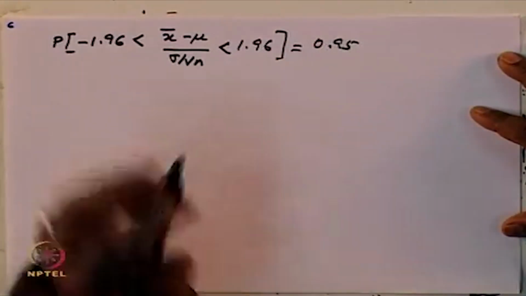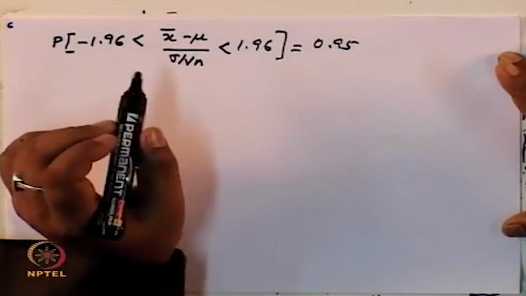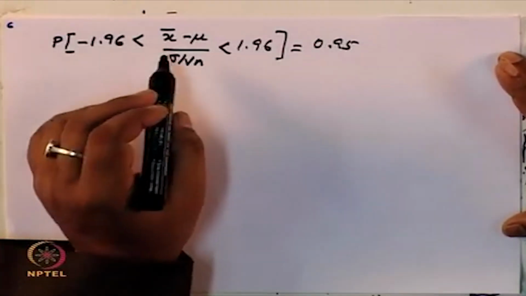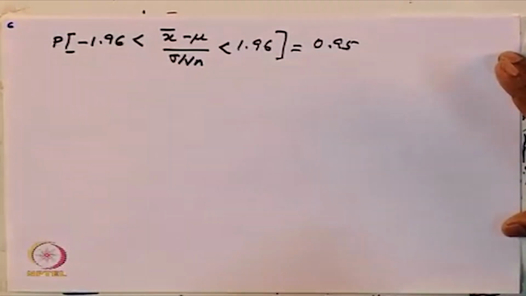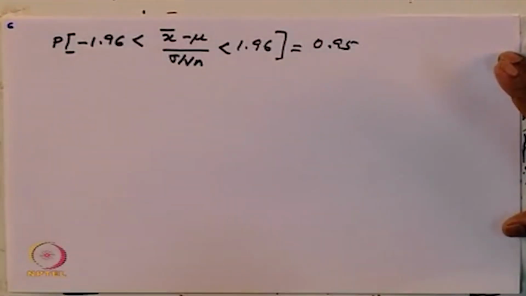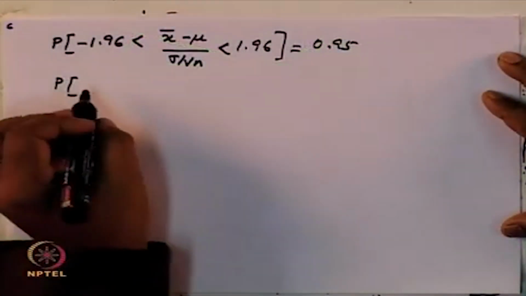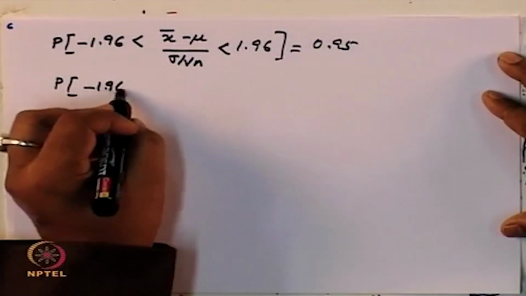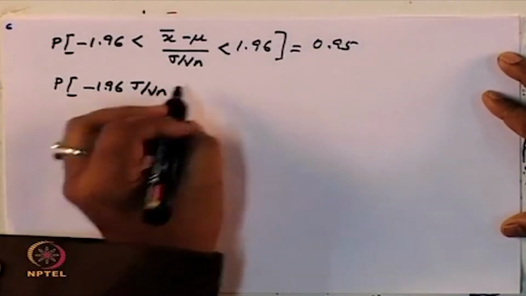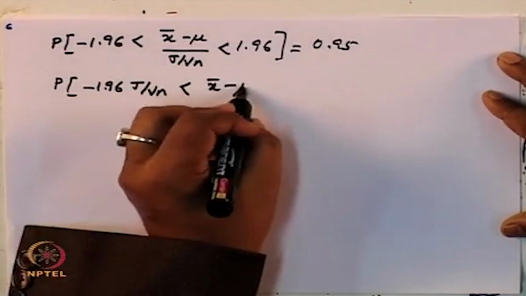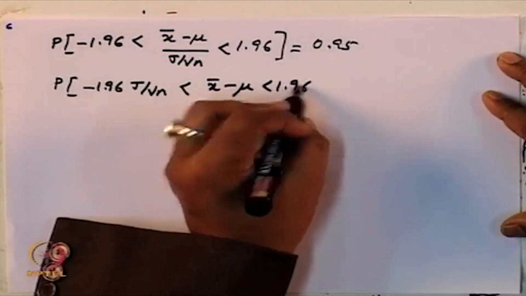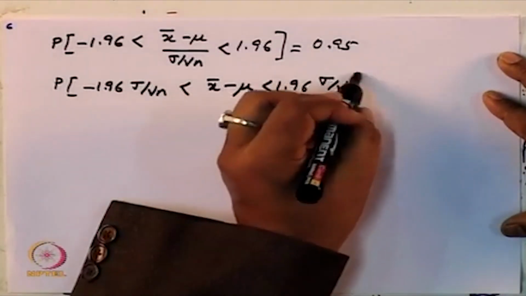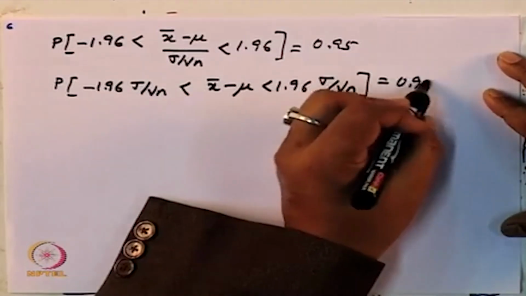So this is what it means: a 95% chance that your value estimate is going to be within two standard deviations. So I can rewrite this equation. I can multiply by sigma by root n. I can write the absolute value of x bar minus mu less than 1.96 sigma by root n, and this is 0.95.